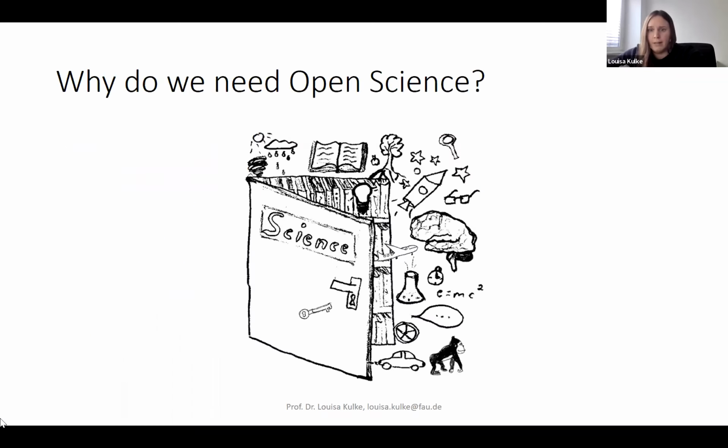So why do we need open science at all? In an ideal world, we wouldn't need it at all. So ideally, science would be open to anyone, and we would be able to just use data, consider all the scientific findings that we see as reliable, and that would be the ideal world. And there's also an ideal cycle of science that tells us how it should ideally be, which is basically that we have an idea, a hypothesis.